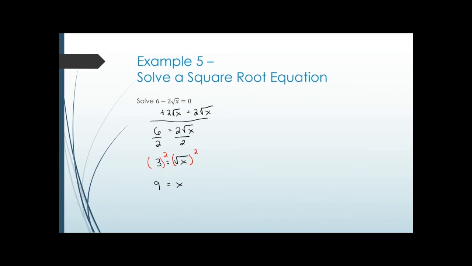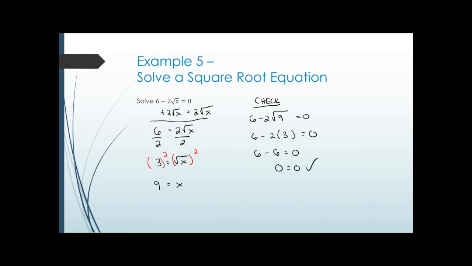So I'm going to check my answer, just to see if it works or not. So 6 minus 2 times the square root, and then instead of x, I'm going to write 9, equals 0. The square root of 9 is 3, so this is going to be 6 minus 2 times 3 equals 0. 2 times 3 is 6, so we get 6 minus 6 equals 0, which gives us 0 equals 0.